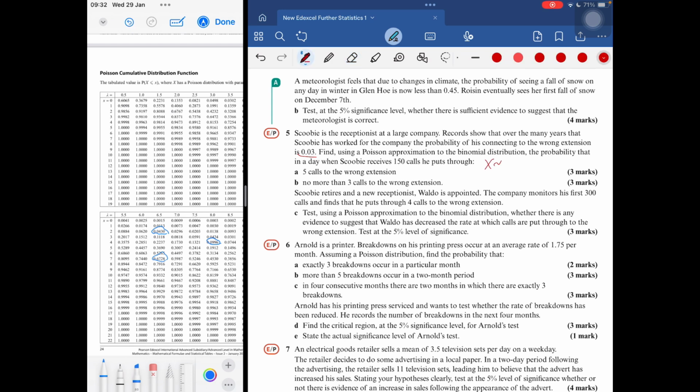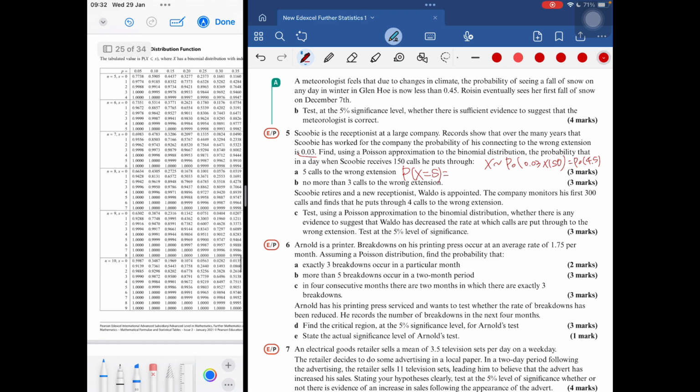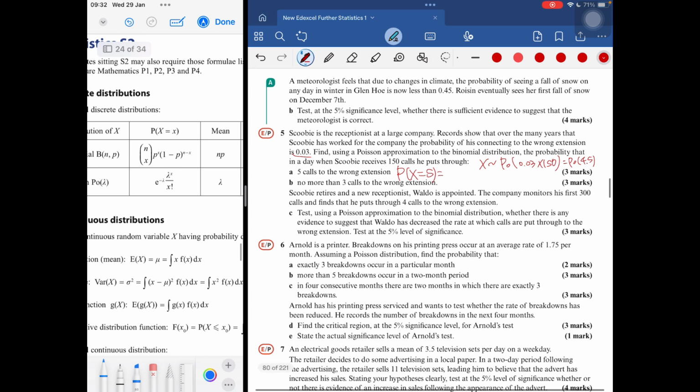X follows Poisson, 0.03 times 150, so 4.5. So now we have this parameter lambda 4.5. So probability X equals 5 is, from the formula, e to the power of negative 4.5 times 4.5 to the power of 5 over 5 factorial.